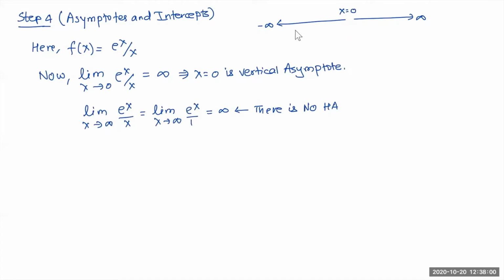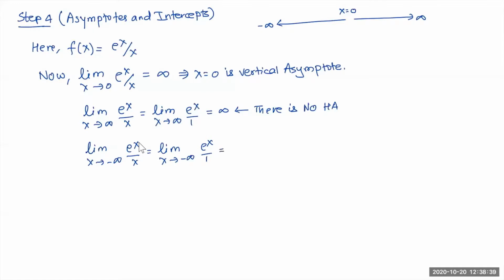Now let's check what is there on the extreme left. Limit as x approaches negative infinity of e to the x over x. In this case, same thing, it will be infinity over infinity, so you can use L'Hopital's rule, finding the derivative of the numerator and denominator. Numerator, derivative of e to the x is e to the x, and the denominator will be 1.